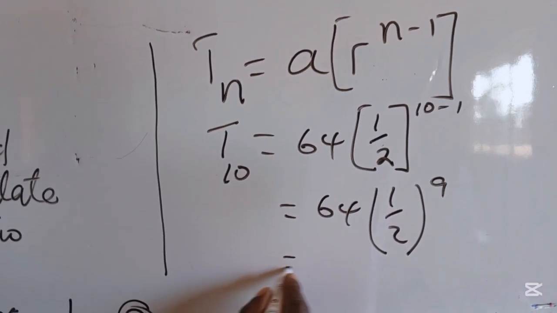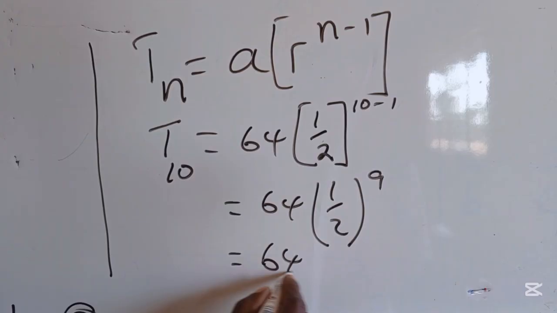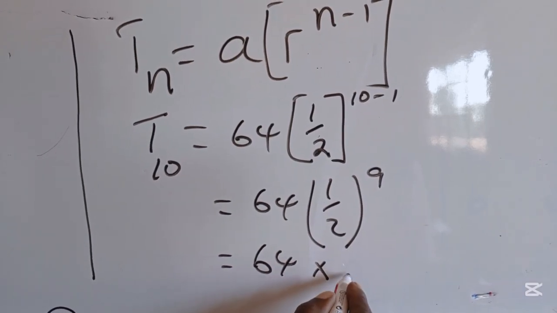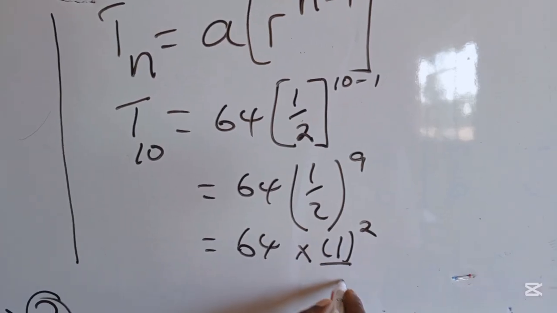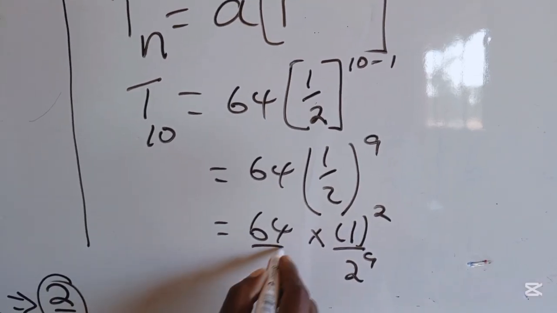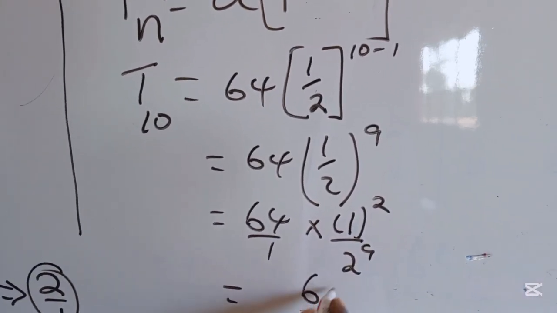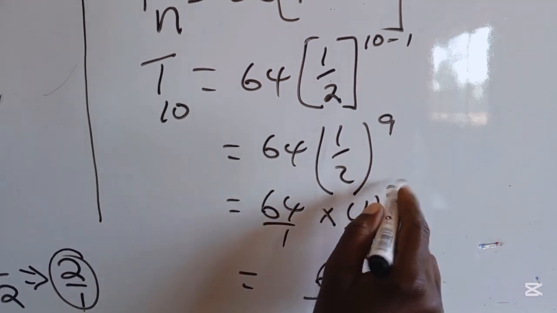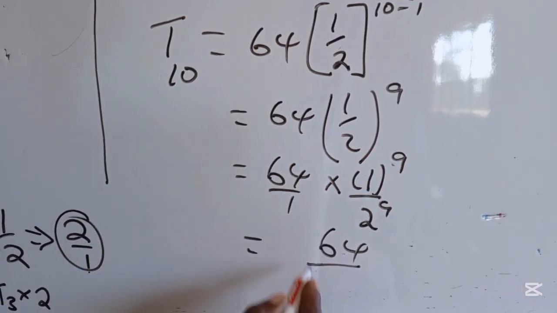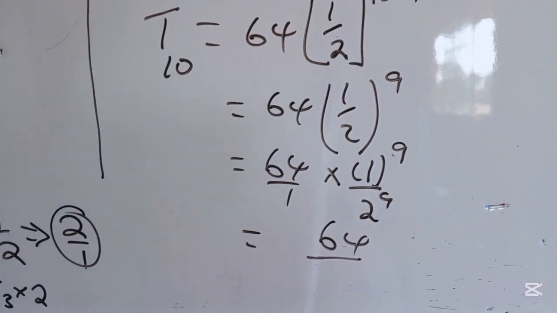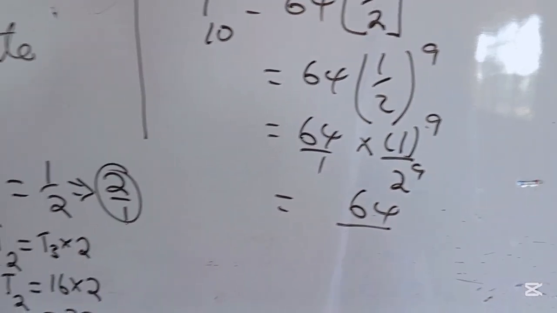And then if you do the needful, it will be 64 multiplied by 1 to the power 9 over 2 to the power 9. And then it will be like this: 64 on top, because 1 to the power 9 is 1, and 1 times 64 is 64. What is 2 to the power 9?